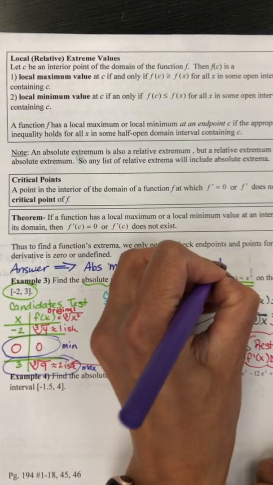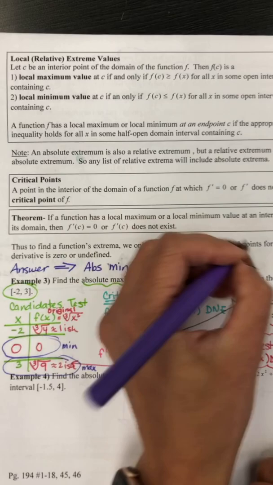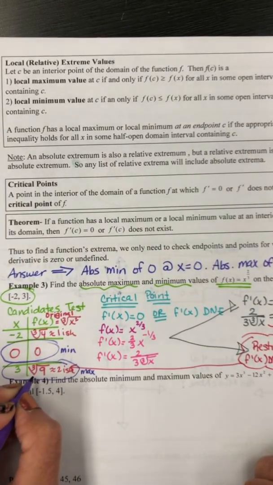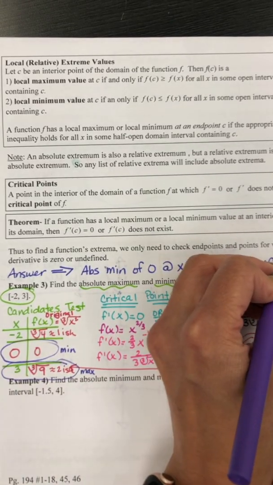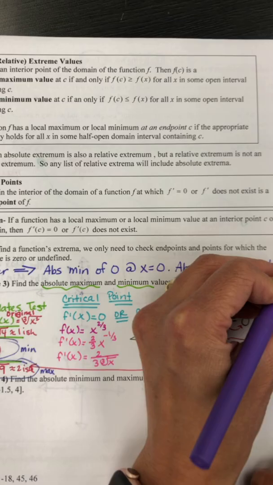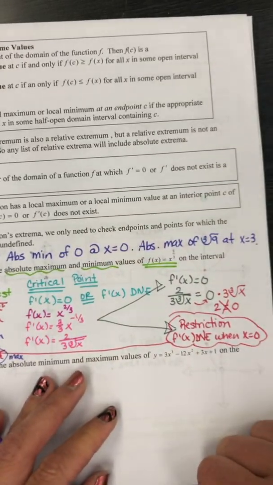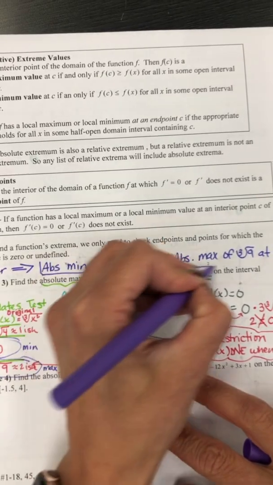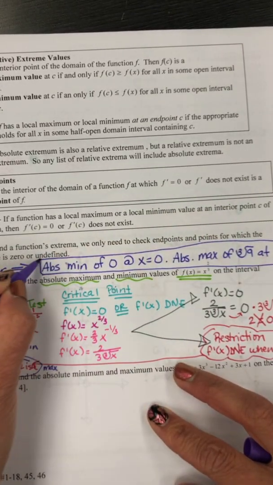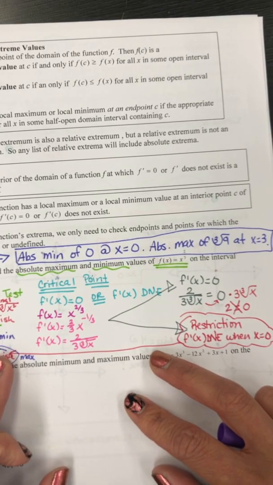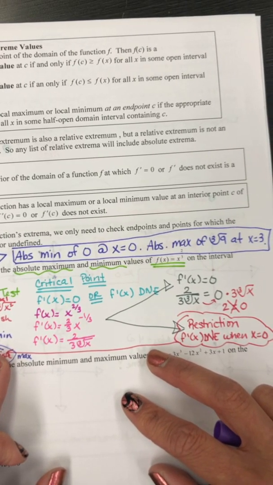And then we have an absolute maximum of, we can just put cubed root of 9 at x equals 3, okay? And that whole thing is my answer, so I'm going to box that whole thing. Okay. Absolute minimum of 0 at x equals 0, and absolute maximum of cubed root of 9 at x equals 3.